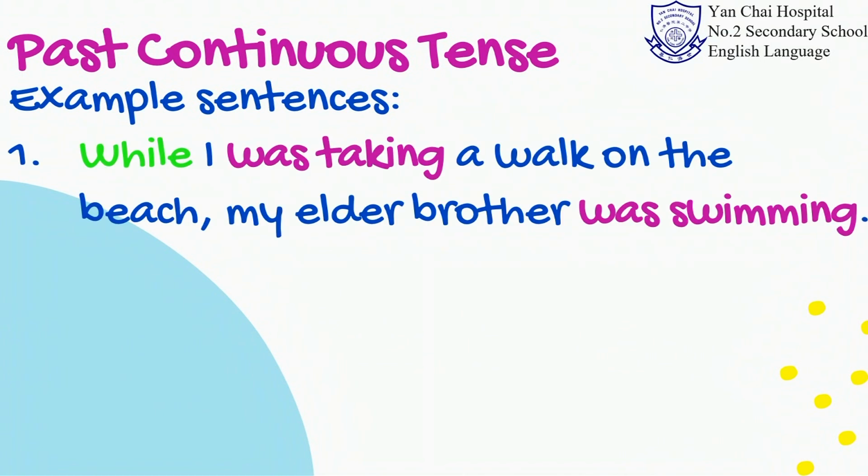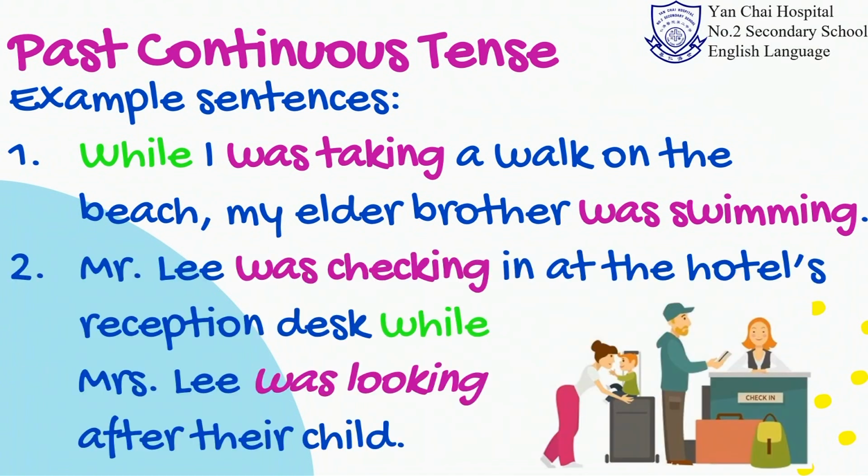Number 1. While I was taking a walk on the beach, my elder brother was swimming. Number 2. Mr. Lee was checking in at the hotel's reception desk, while Mrs. Lee was looking after their child.